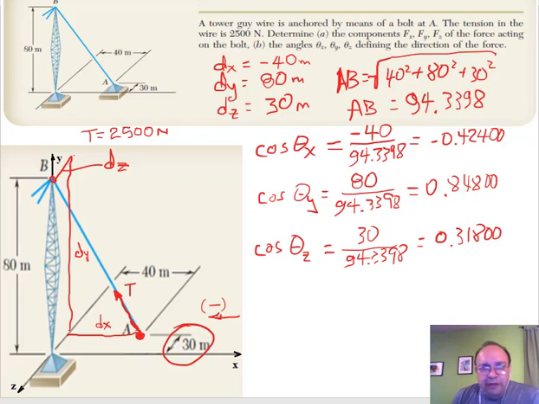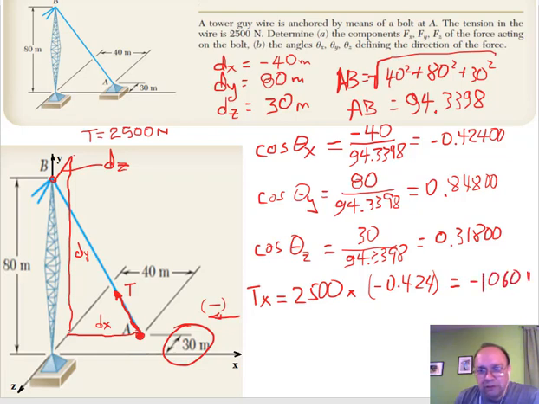Alright, from here we can get the components Tx, Ty, Tz by multiplying the magnitude of the force, 2500, by the cosine of the angle with respect to x, which is minus 0.424, equals minus 1060 newtons.